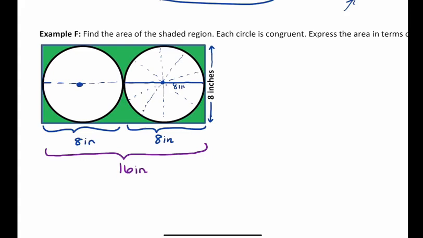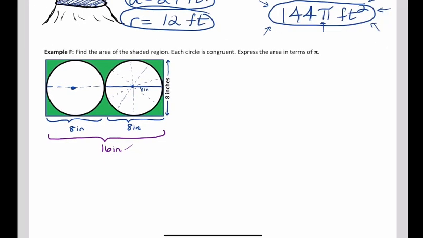Knowing the diameter told you the length of the rectangle, because the two circles are end to end, touching each other at the diameter, and they're both exactly the same, and they're both 8. So 8 plus 8 is 16. Hopefully you understood what I did there. Now, we didn't finish this problem by any means, but we did figure out some of the important information that will definitely be important to know in order to figure out the area of the shaded region.